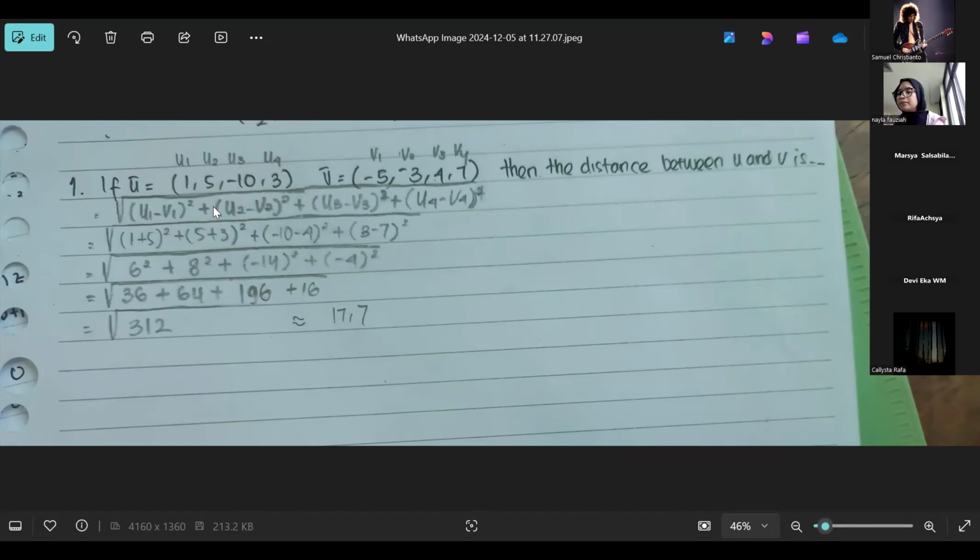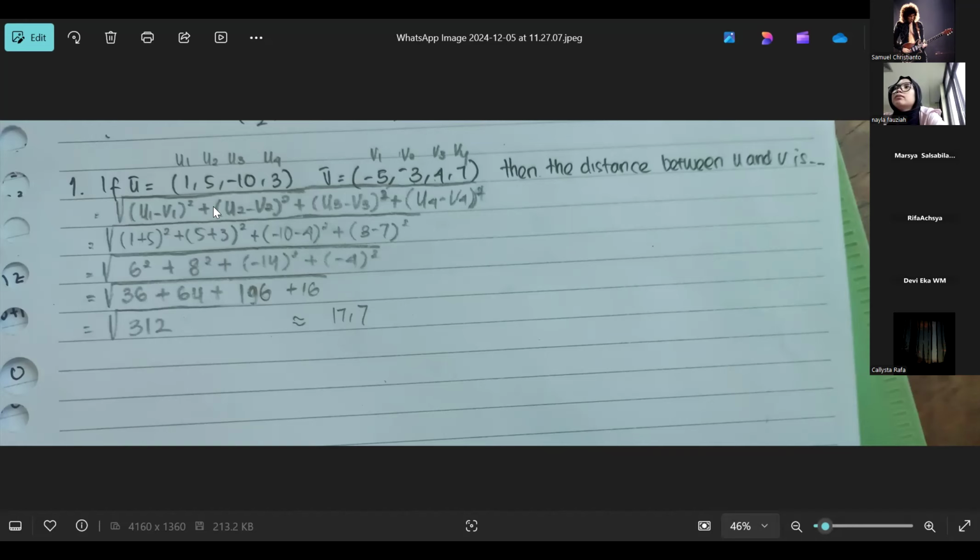So: 1 minus -5 squared, plus 5 minus -3 squared, plus -10 subtracted from 4 squared, plus 3 subtracted from 7 squared.